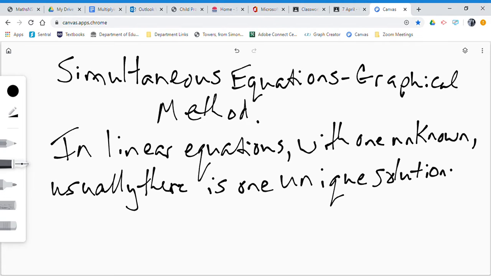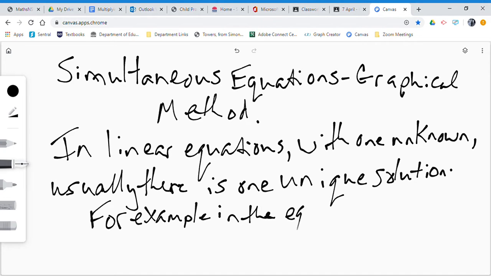For example, in the equation 2x plus 3 equals 7, there's only one solution.